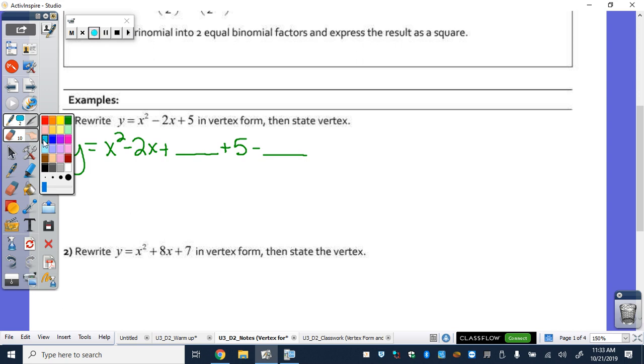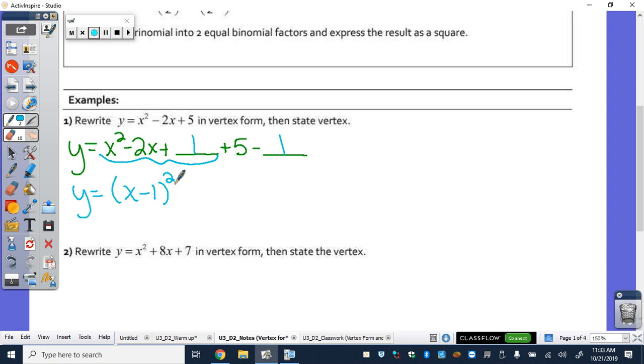So just like we were doing for completing the square, what number would go in our space? 1. Because you would do half of 2, which is 1, and then you'd square it, so it's still 1. So we still have our perfect square trinomial there, our x squared minus 2x plus 1. How would that factor?